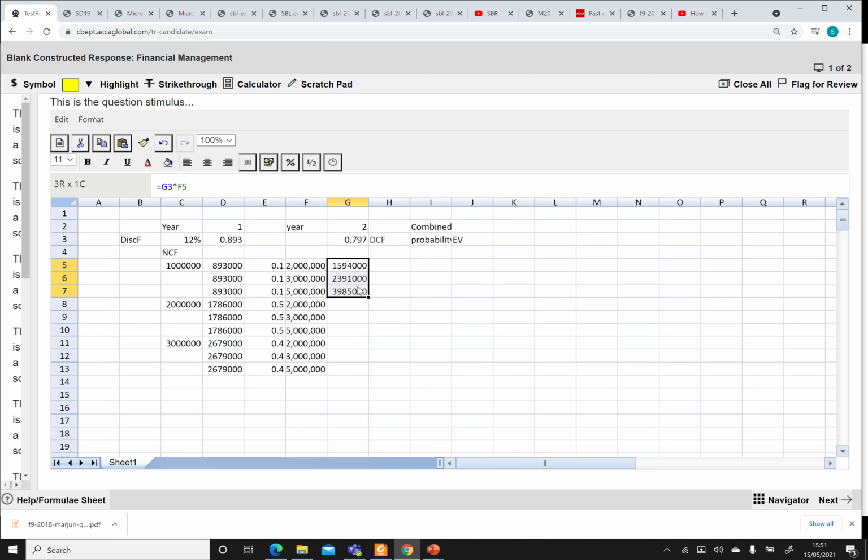So those 3 figures, I'm going to copy, paste, copy, let's see if I can do them this time, paste, oh, they don't like that. So this is one of the great values of using the spreadsheet in your practice, is that you get the feel of those things you can do and those things you can't do.